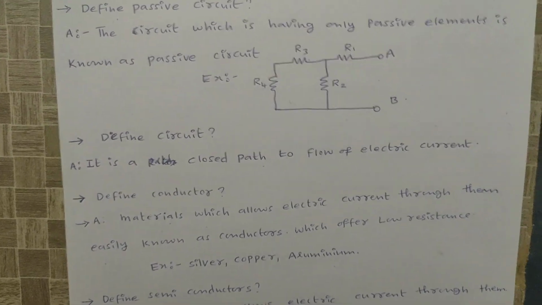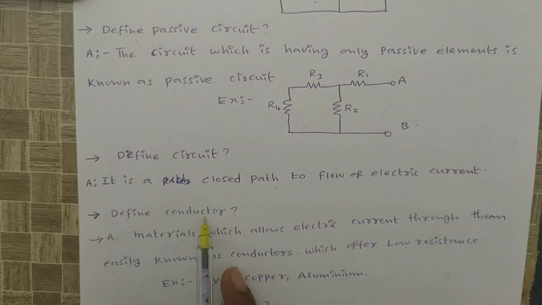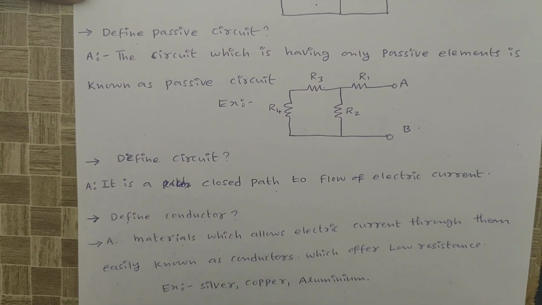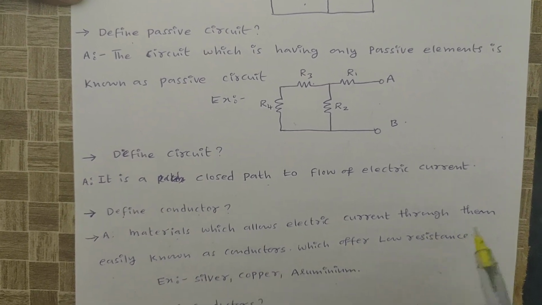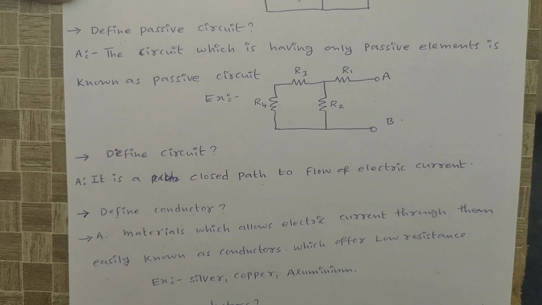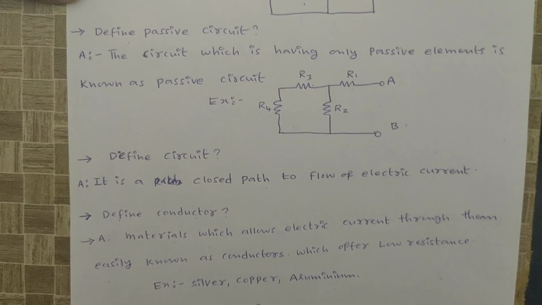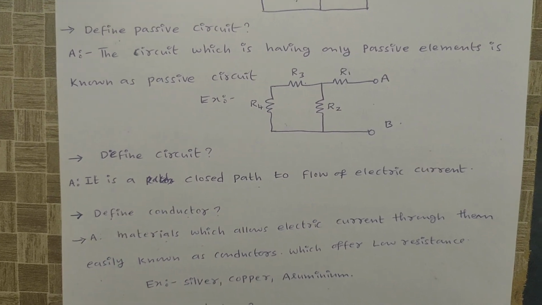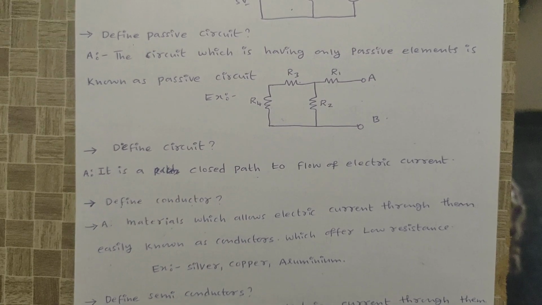Okay, next, coming to definitions. Define conductor. Those are the materials which allow electric current through them easily. These conductors offer low resistance.